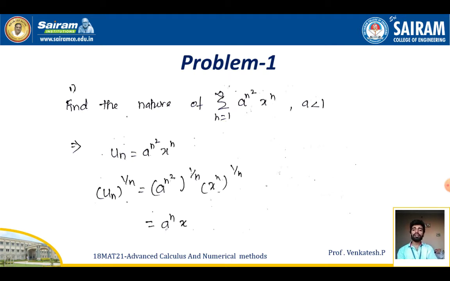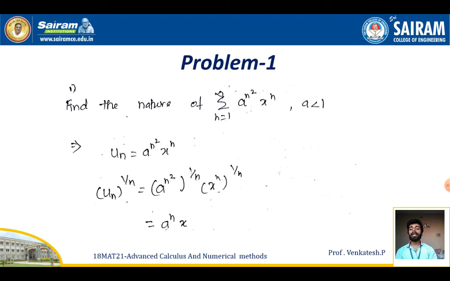According to Cauchy's root test, we have the formula limit n tends to infinity un power 1 by n. To get un power 1 by n, in the given un equation I am going to take power 1 by n on both sides.